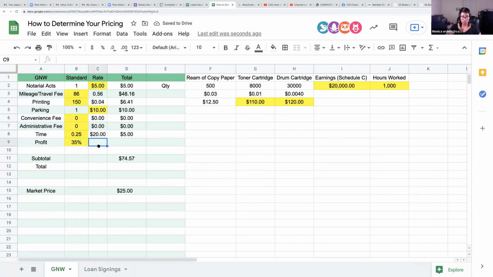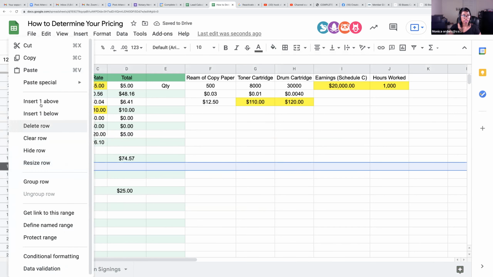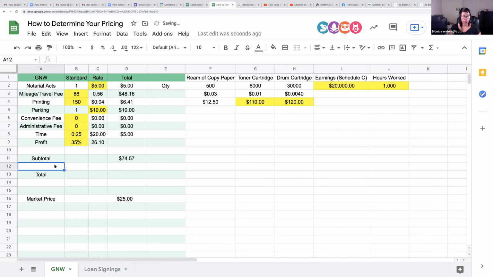And that rate is going to be based on this times whatever that total is. So 35% times my total gives me my profit. And then I'm going to go down here because it didn't like the circular reference, and I'm going to put profit again and add it here to that number. I remember zeroing that out.